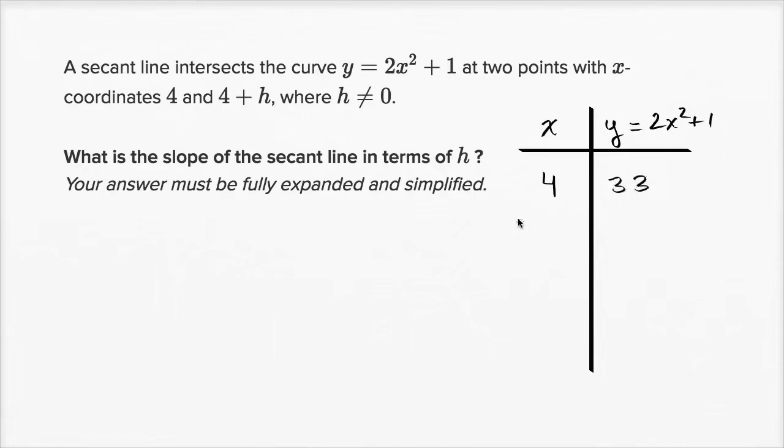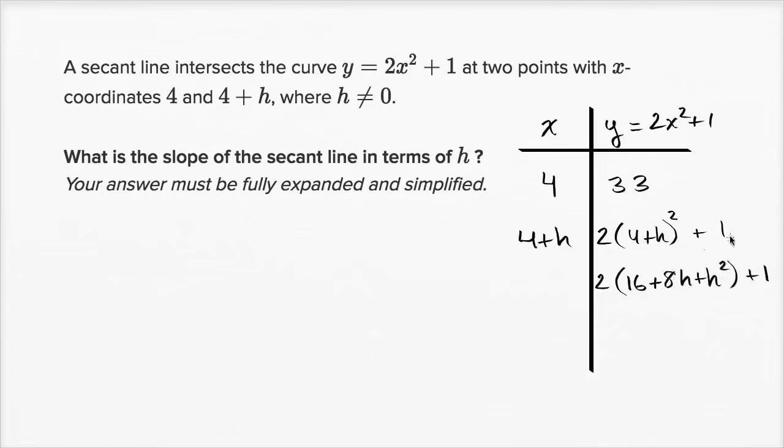And what about when x is equal to 4 plus h? Well, it's going to be 2 times 4 plus h squared plus 1. 4 plus h squared is going to be 16 plus 2 times 4h, so 8h, plus h squared.